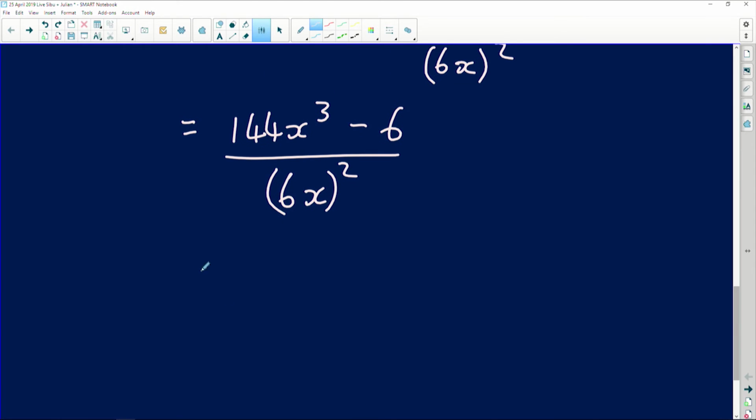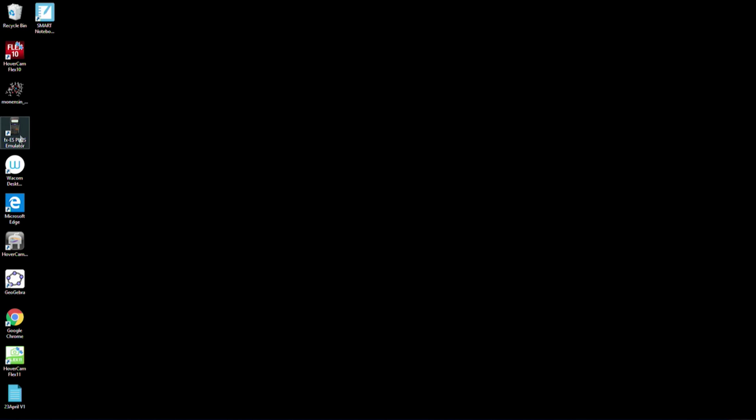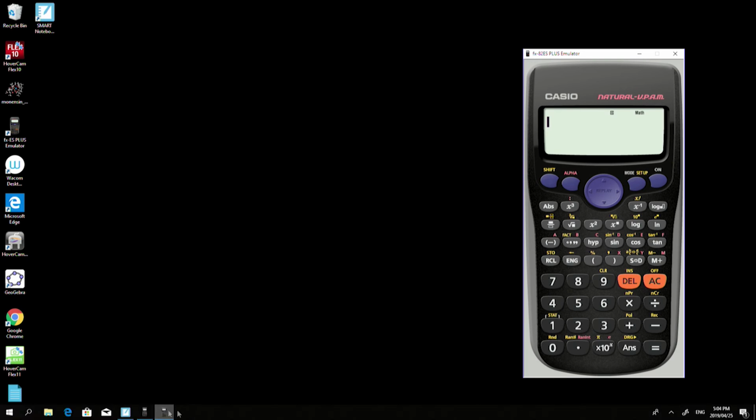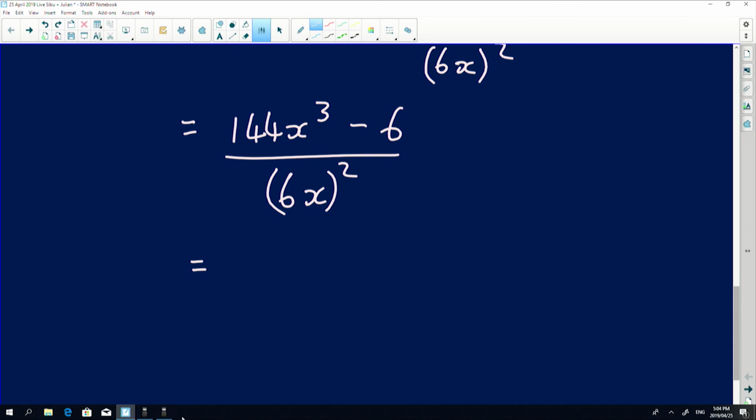So if we extend this a little bit, it doesn't quite look like what we have. So 144, divide that by 6. I'm going to have to bring up my calculator over here quickly. And there's my calculator.